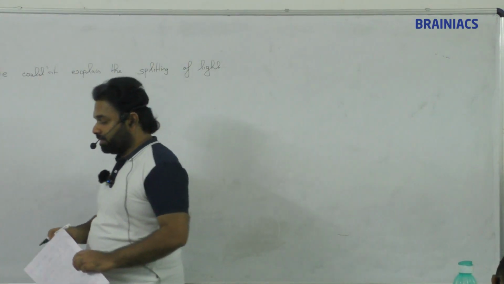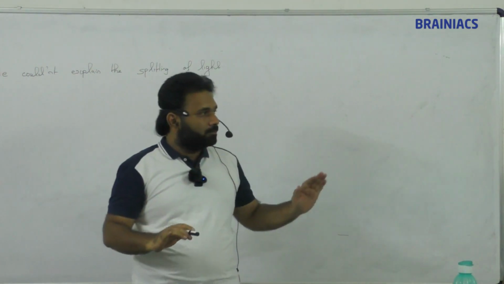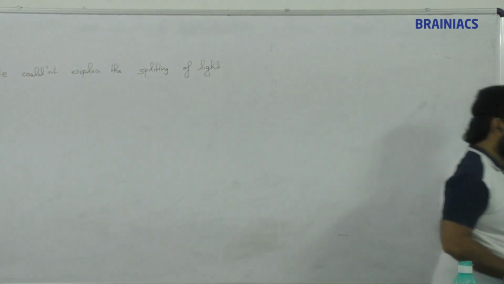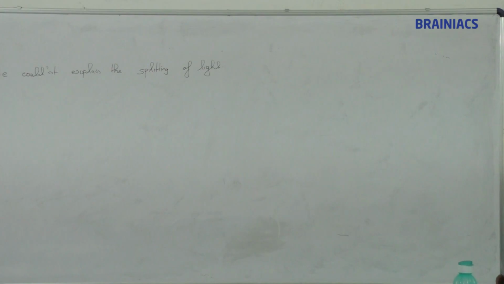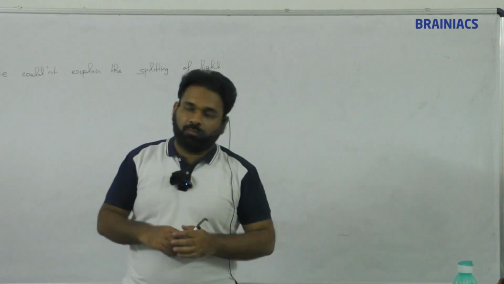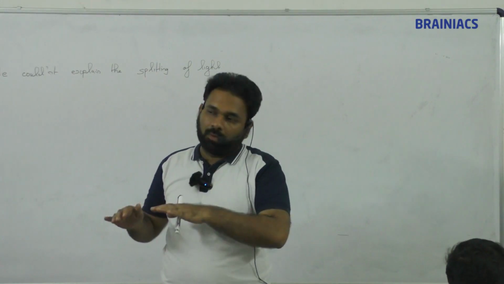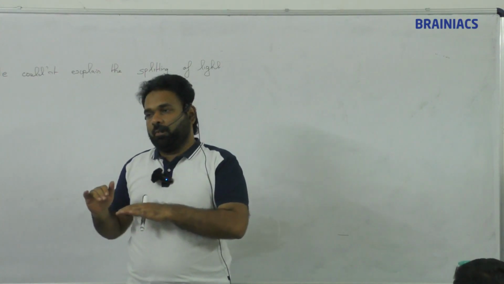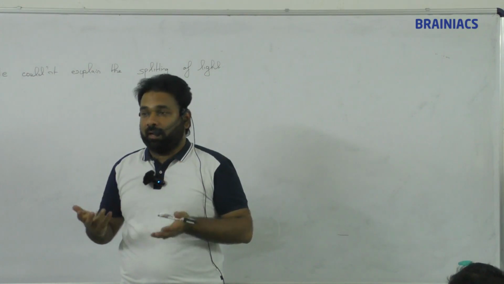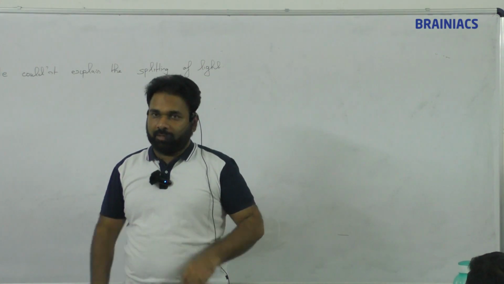Now we need to see the atomic spectrum. We have seen Rutherford's model, its drawbacks, the Bohr model and its drawbacks, and now we need the atomic spectrum. Different lines that you will see after the break. Okay, thank you.